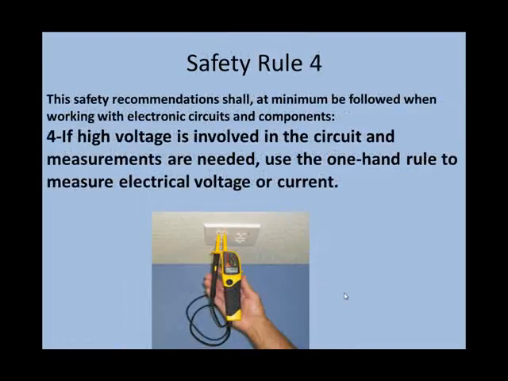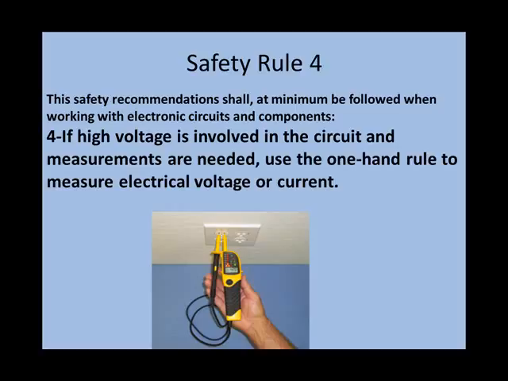Number 4, when you do high voltage readings, you need to use the one-hand rule to measure either voltage or current. The one-hand rule essentially says that you use one hand, not both hands, to perform voltage reading or current reading. The reason is you're protected by having just one hand on the circuit while the other hand is off the circuit.